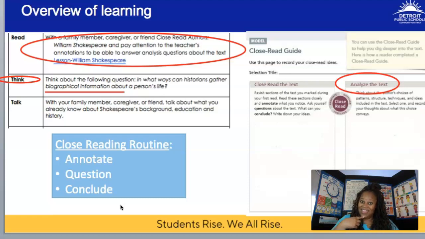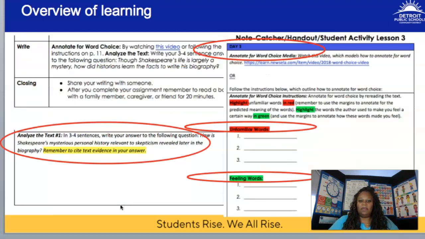I love this. This helps me to answer the question that I saw for day 2 or 3. And we conclude. Today we're going to make conclusions that connect the early part of our biography to the later part of the text. As a reminder, you will use your note catcher.